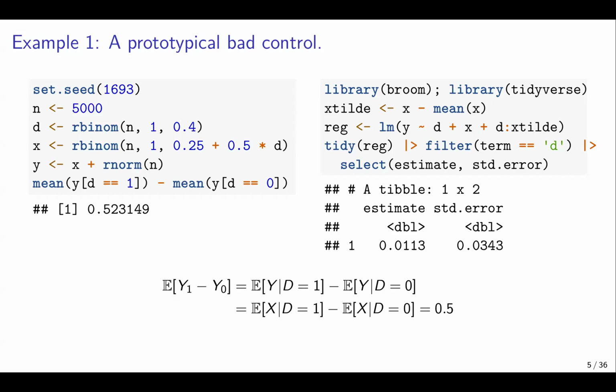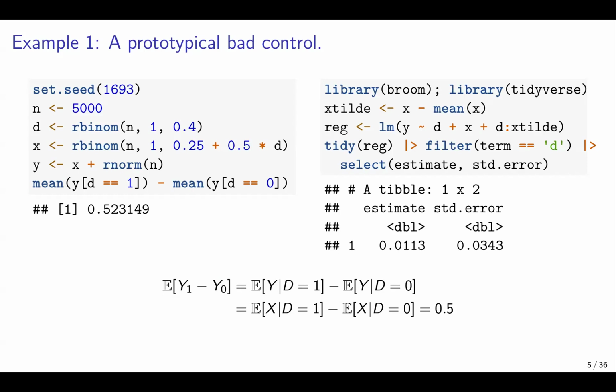I'm going to start off by generating a binary d. So d is a vector of length 5,000, and inside that vector I have 5,000 independent and identically distributed Bernoulli random variables with probability of success 0.4. So that's how I generate d. I generate x using the observed values of d, so I generate x conditional on d. X is also binary in this example to keep it nice and simple.